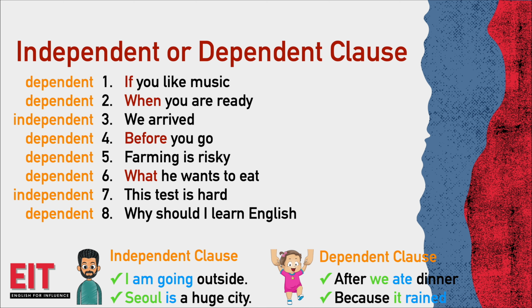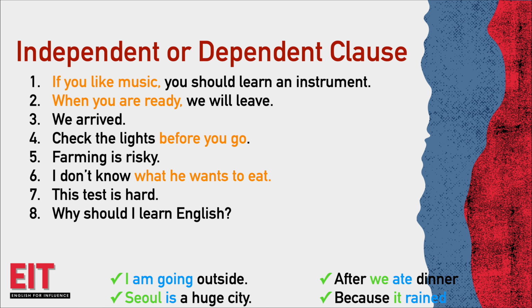Now let's try to complete our dependent clauses so that they will make complete sense. So if you like music, you should learn an instrument. Now it's complete. Now it has a complete thought, right? Number 2, when you are ready, we will leave.